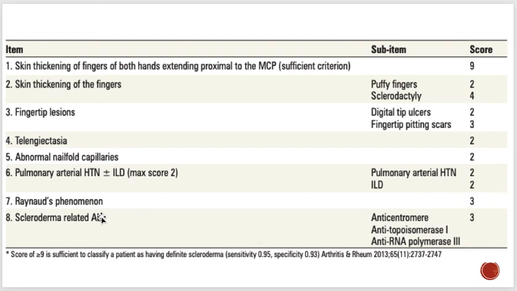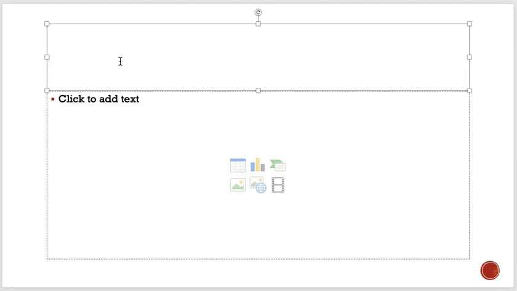Raynaud's phenomenon gets 3, and now the antibodies related to scleroderma: anti-centromere, anti-topoisomerase 1, or anti-RNA polymerase 3, right? So you can see, this is a diagnostic chart. So how is the diagnosis done?